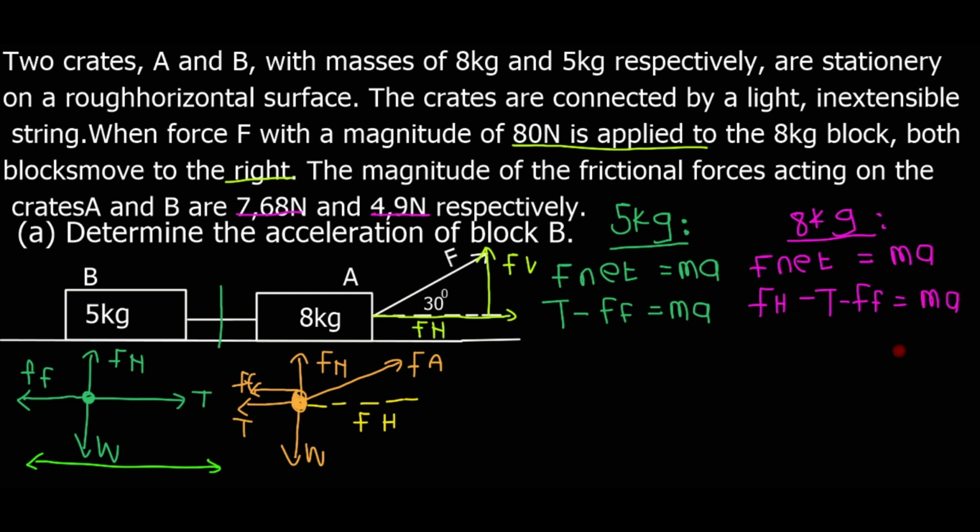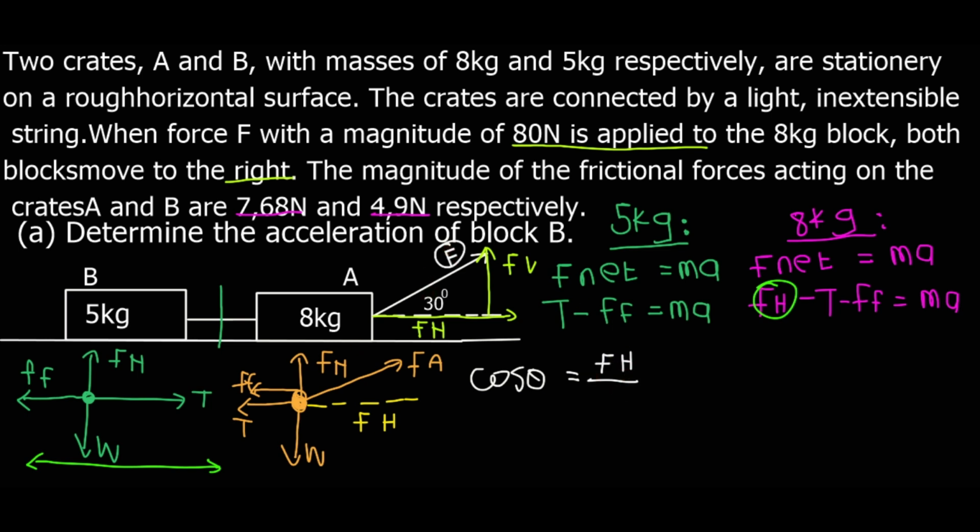But we don't have FH, but we can find FH on this right angle triangle. We will use a trig ratio: cos theta equals adjacent, which is FH, over hypotenuse.